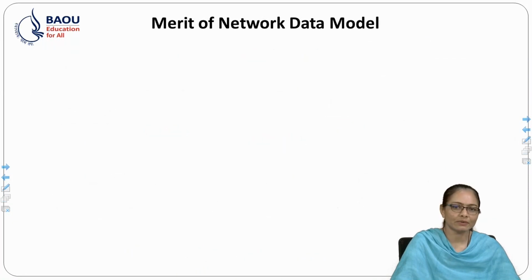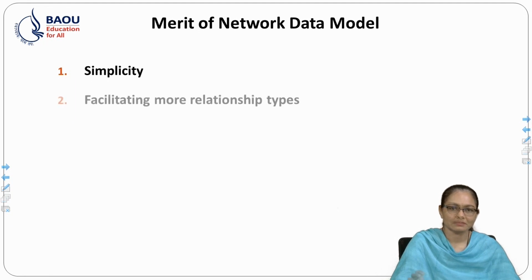Merits of the network data model. Which are the advantages of the network data model? First is simplicity. It is simple and easy to understand because this structure is very easy. Now, facilitating more relationship types.